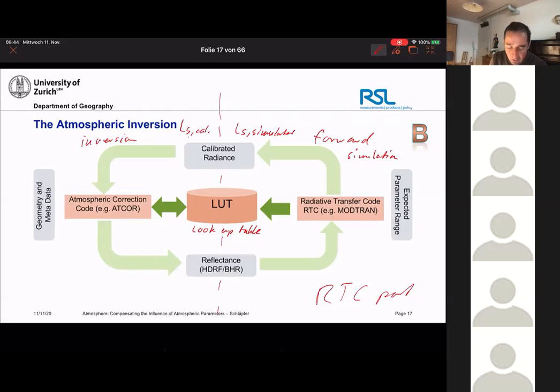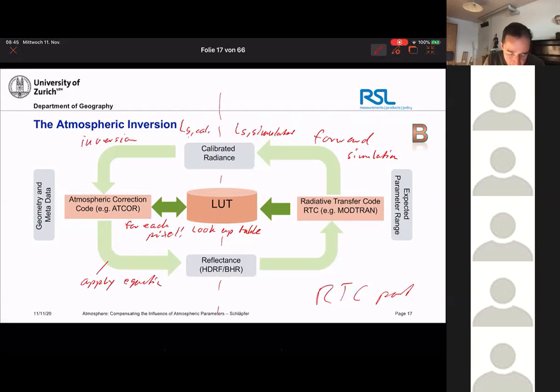The atmospheric correction uses all the parameters stored in the lookup table. So it interacts with the lookup table and retrieves the appropriate parameters for each pixel. Each pixel has a different geometry and may potentially have a different water vapor amount or whatever. So the corresponding parameters are retrieved from the LUT, and then the equation is applied.